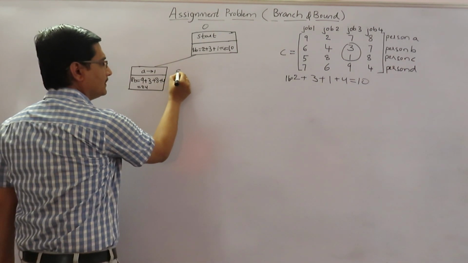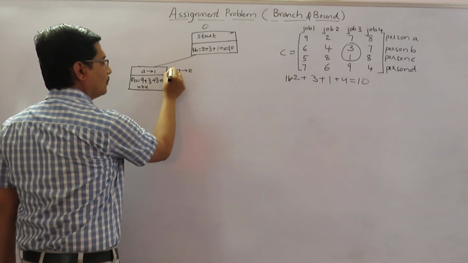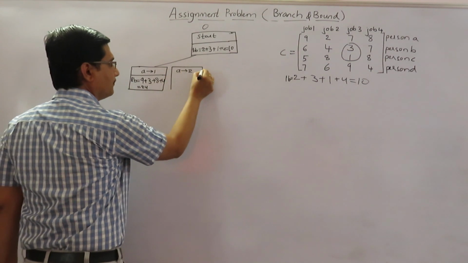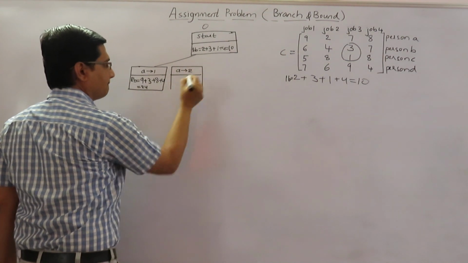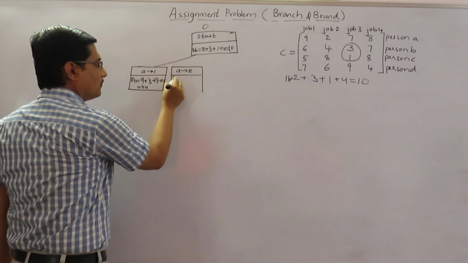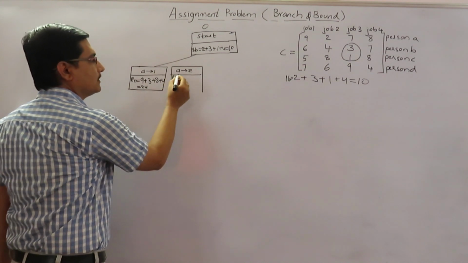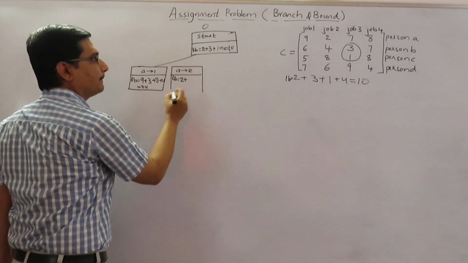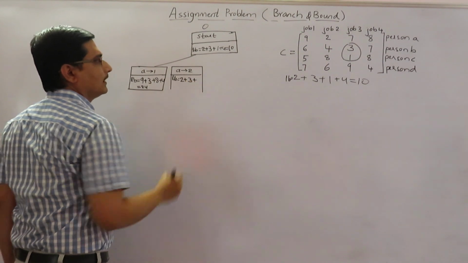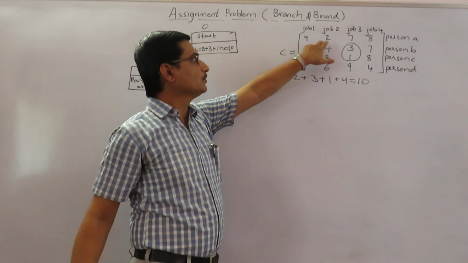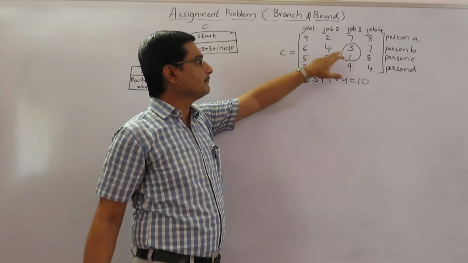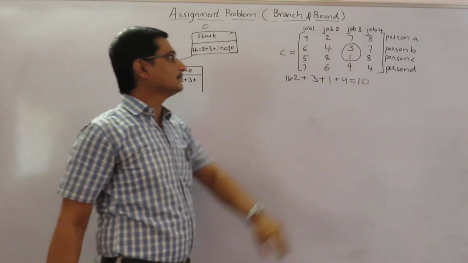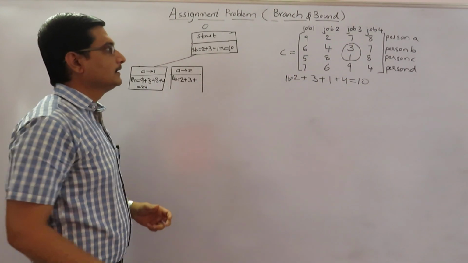Now we are assigning job 2 to person A. So the lower bound will be, say, 2 plus 3. Job 2 to person A. The person B can get job 3 because that is the least.